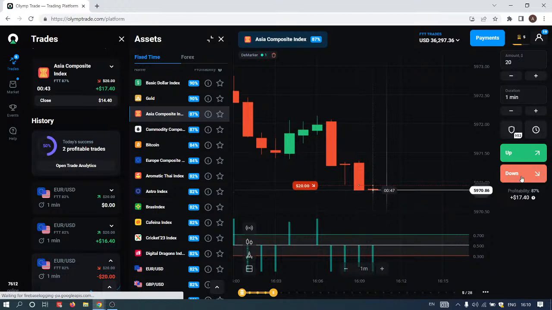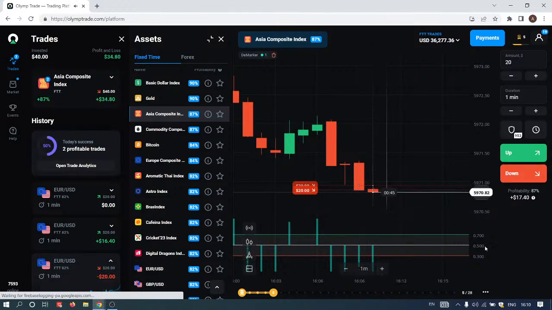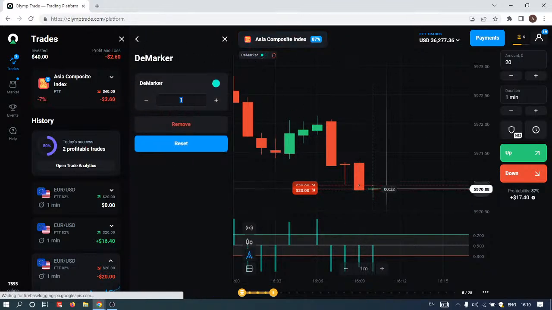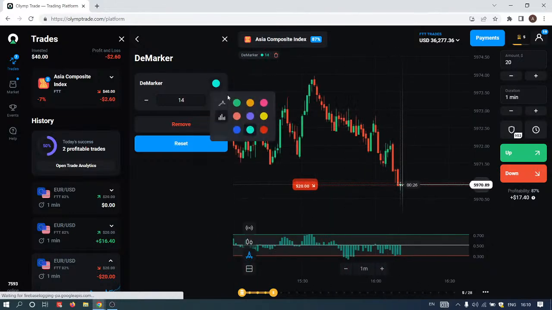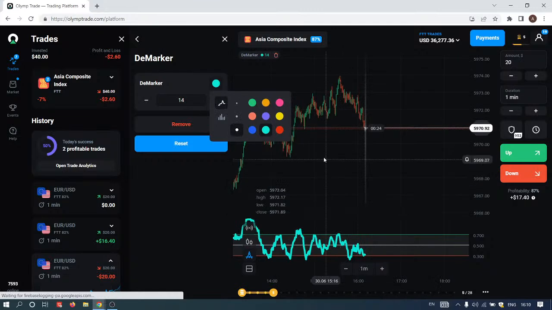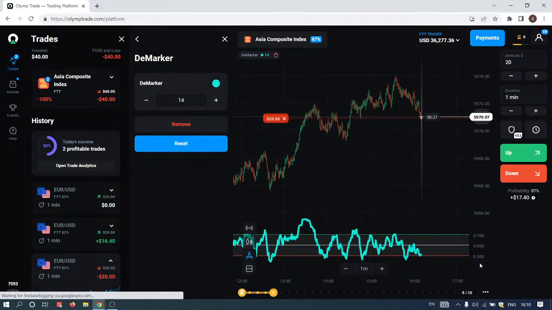Okay, it appears downwards. It appears below the middle line, so it sort of stems from this middle line, which is 0.5. For those of you who are more experienced with trading, of course, you can notice that the DeMarker indicator is very similar to the RSI indicator. In fact, it has the same values, 70 and 30, or 0.7 and 0.3, which is pretty much the same thing.